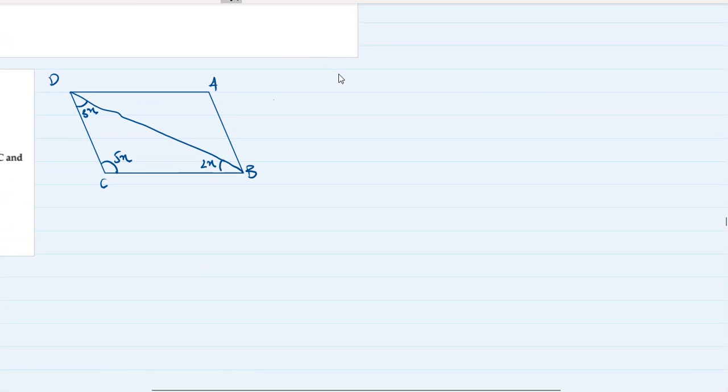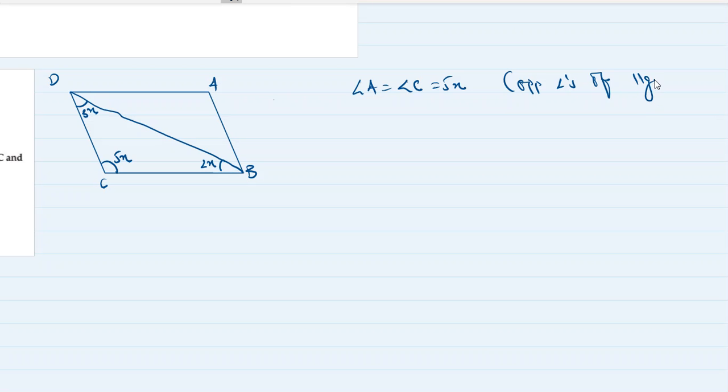Now remember that angle A is equal to angle C, which is equal to 5x. Opposite angles of parallelogram are equal. So this is 5x as well.